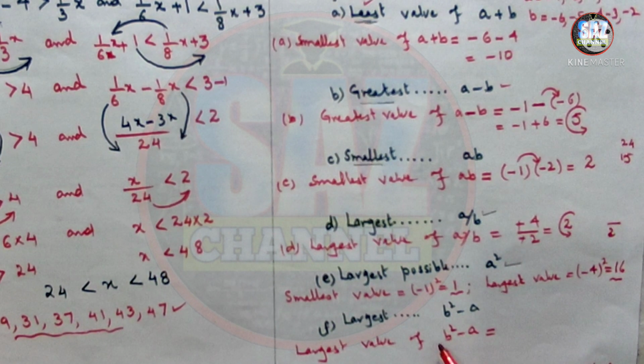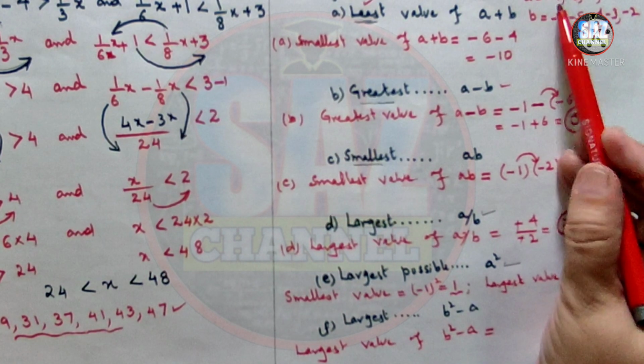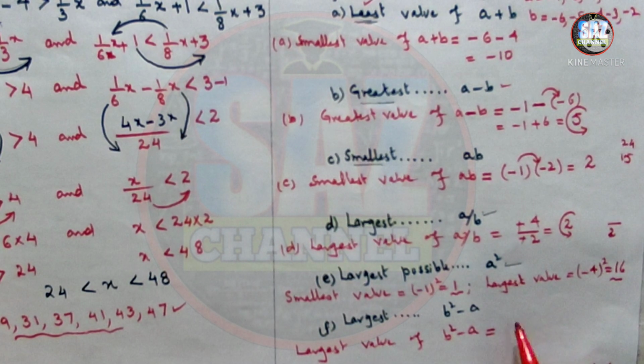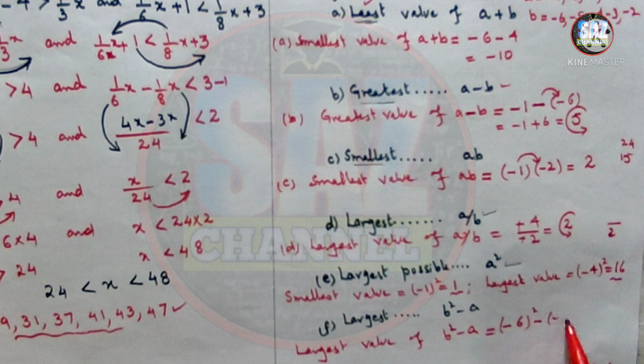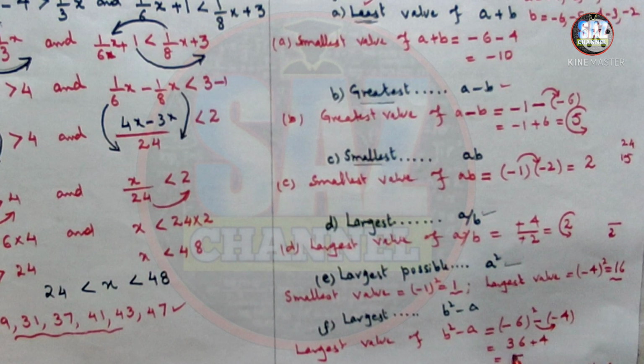So in order to get the largest answer, I have to pick the largest number. So this will become -6 square minus -4, and this is 36, and this is plus 4, which is equal to 40. Really important questions according to your O-level examinations.